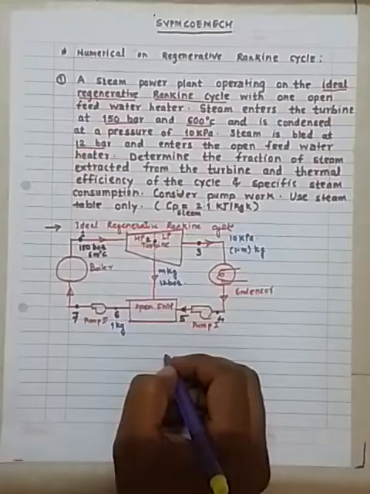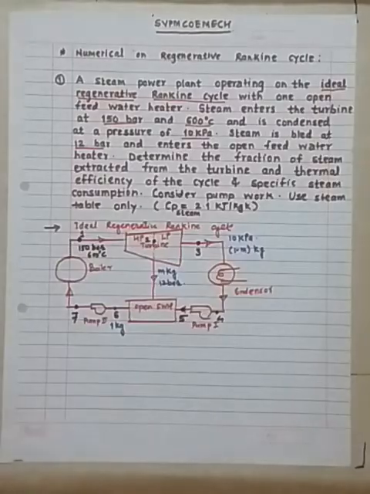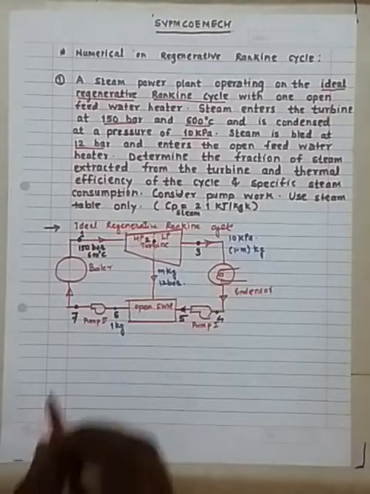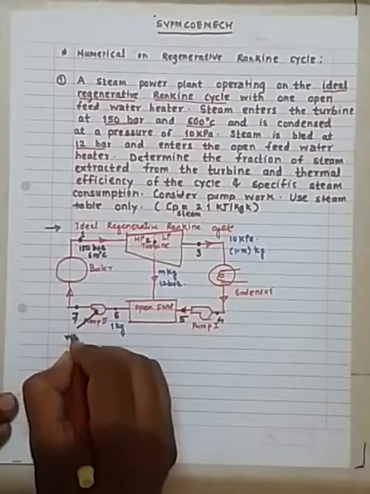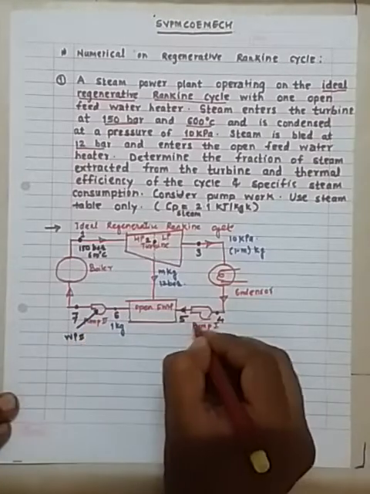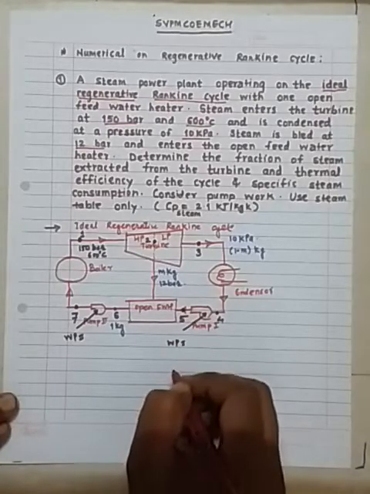Now these are the different things given in the problem. Another thing we can concentrate on is that pump 2 requires WP2 work, and pump 1 requires WP1 amount of work.